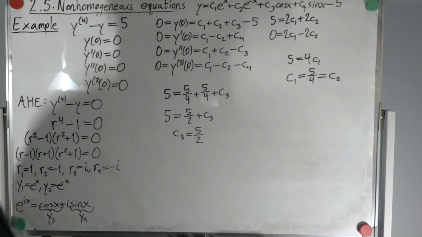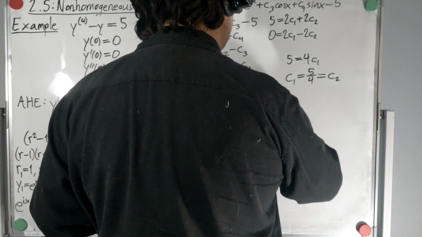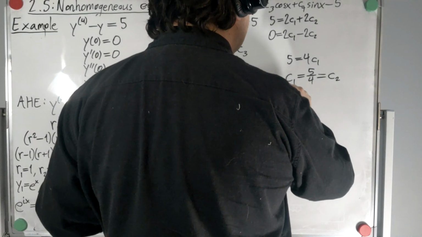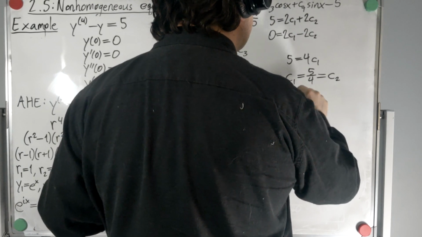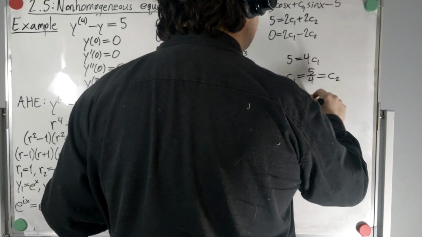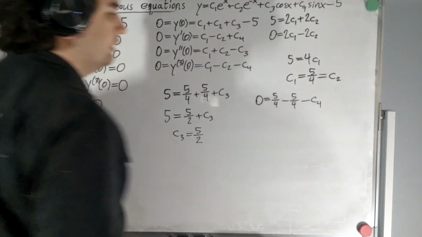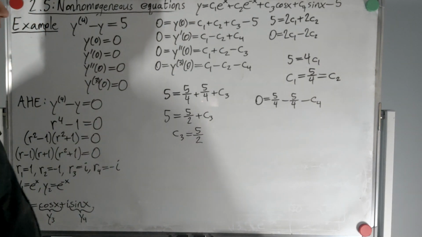The fourth equation turns into 0 equals 5 fourths minus 5 fourths minus c4, which means c4 is 0.